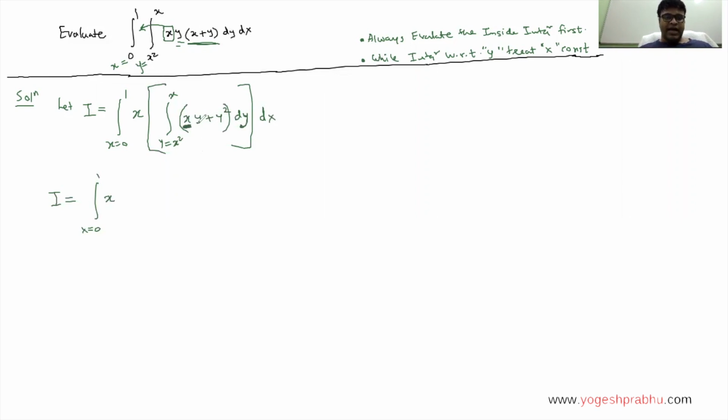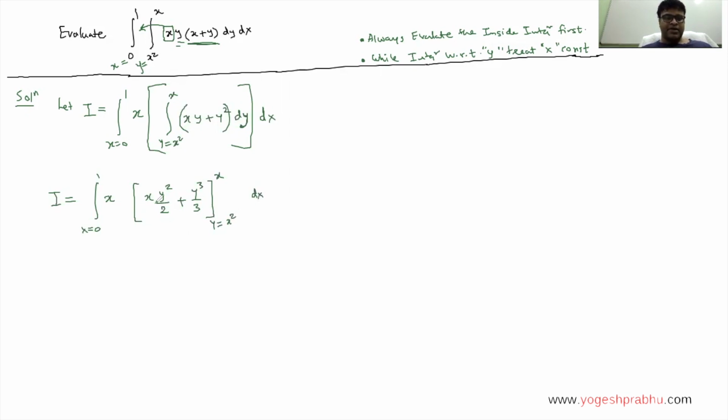And the integration of y is going to be y squared by 2. So x remains as it is, this will become y squared by 2. Then the integration of y squared is going to be y cubed by 3. And the limits of y are going to go from x squared to x, dx.